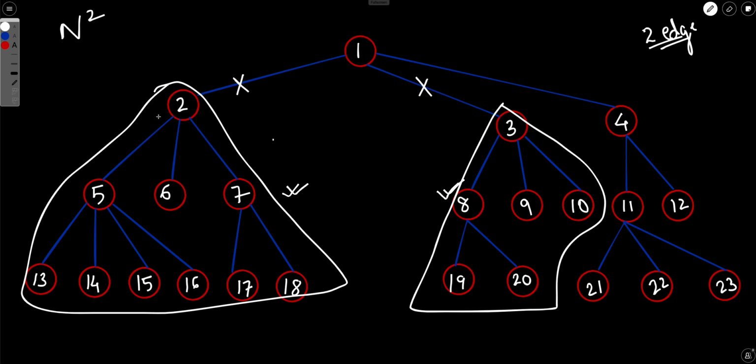If it is a complete subtree, finding the XOR of the entire subtree is a very well known problem. You can directly do DFS starting from this and find the XOR. We will look at an example for that, but finding the XOR of a particular subtree is easy. So you can easily find the XOR of the subtree rooted at 2, and you can also find the XOR of the subtree which starts at 3.